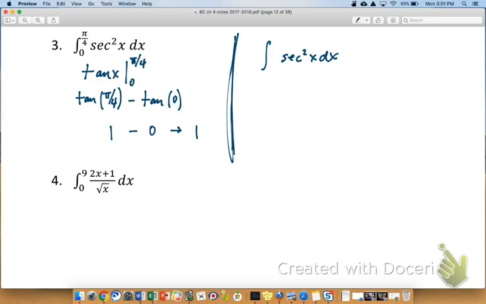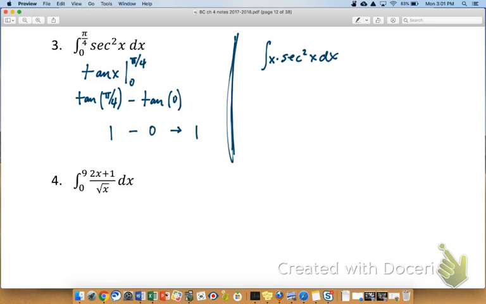Now I make one minor change and make it x times secant squared of x. Way more difficult. This would radically change our strategy. We'll look at how to deal with this stuff this year. It's actually not that hard, but it would be a completely different strategy than what you've done before.